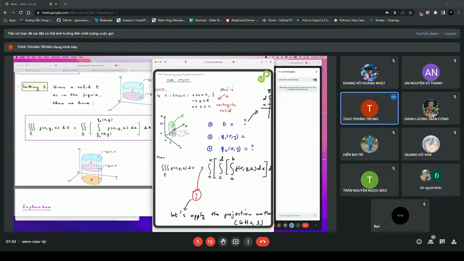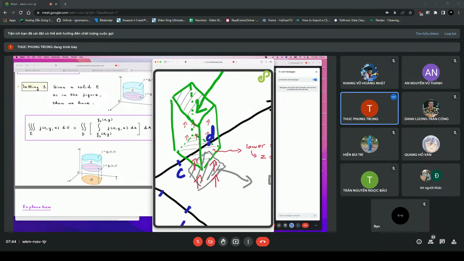To see it, we go up and continue going inside until we go outside, and we always go out of our solid from the plane z equals k.